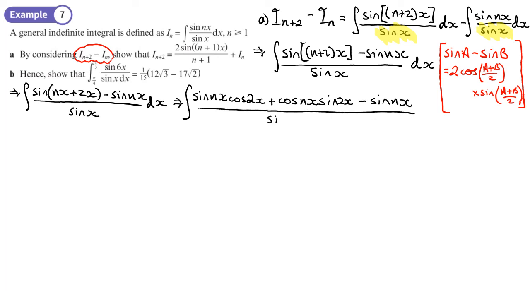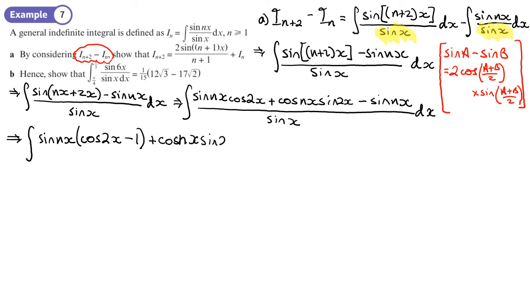Then the next step I might be thinking to myself is, right, okay, let's factorize this, because I've got a sine nx and a sine nx there. Let's factorize it and see what we get. If I take sine nx here, then in the brackets I will have cos 2x minus 1, and then plus cos nx sine 2x all over sine x, like this.